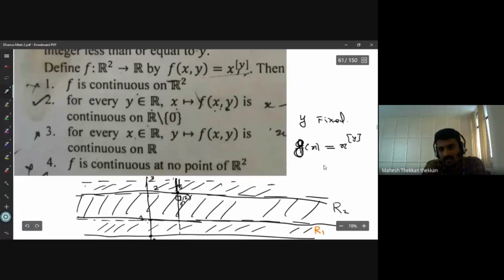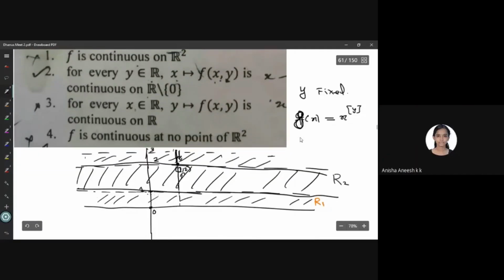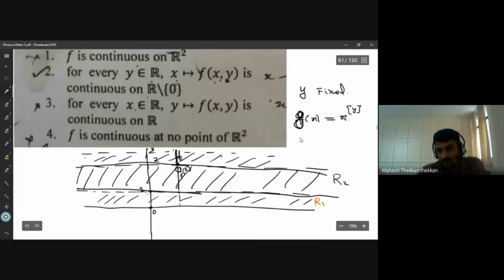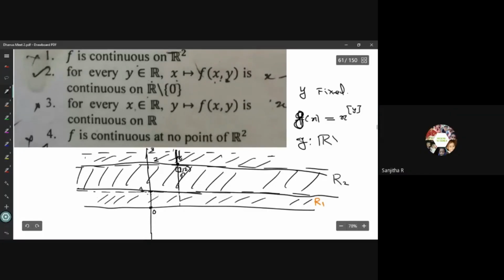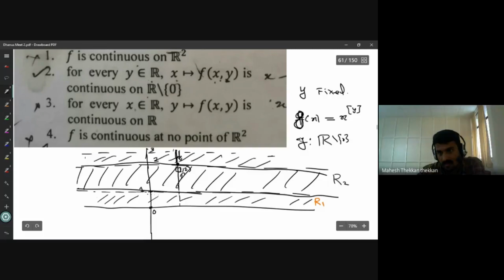First of all, what is the domain of this function? This function is from where to? From R, real numbers, to positive real numbers? Yes, R minus 0 to R. You cannot say positive real numbers.